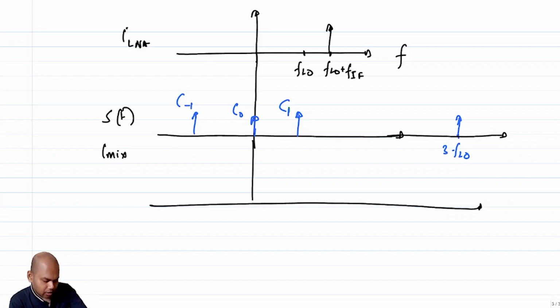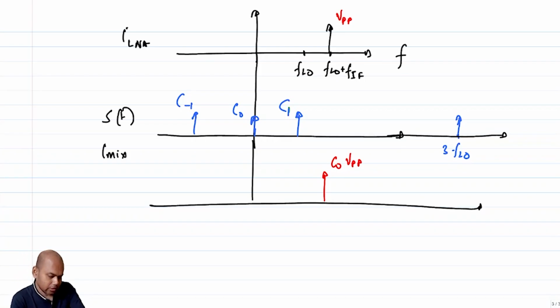Clearly, the first thing is this F_LO plus F_IF is going to convolve with C0 and create a tone at F_LO plus F_IF, and the tone strength will be C0 times V_PP.